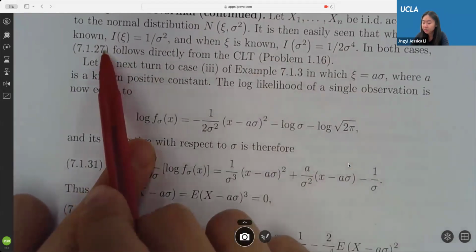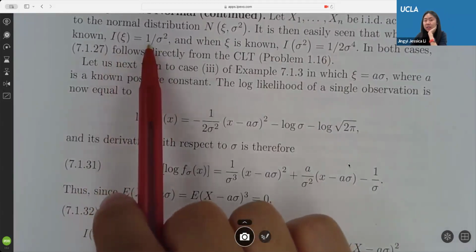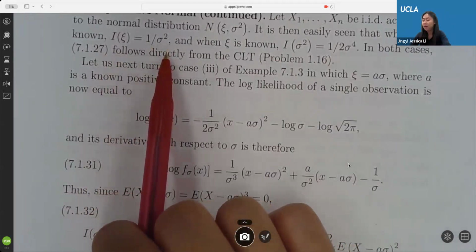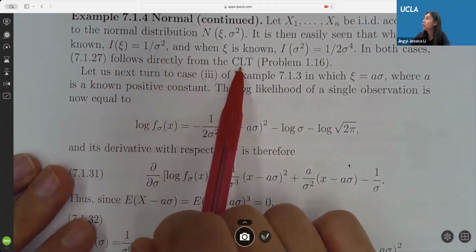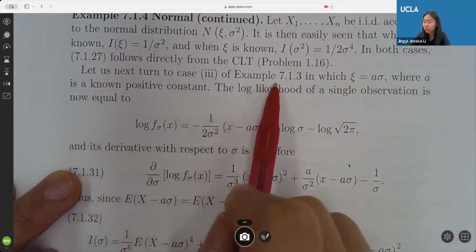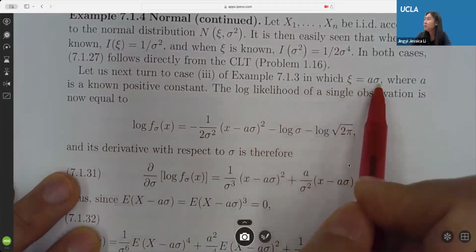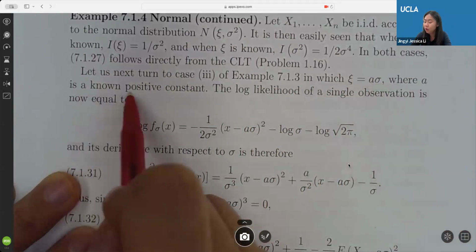In both cases, you can actually show that the result using the asymptotic normality of MLE will be the same as using the central limit theorem. But there's a more interesting case in which we specify the mean to be A times sigma, with A being known.